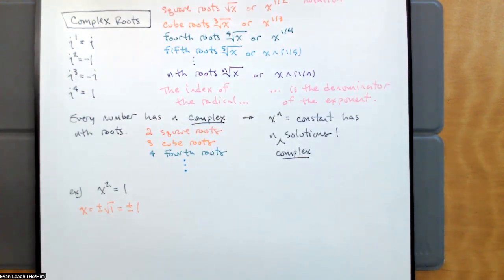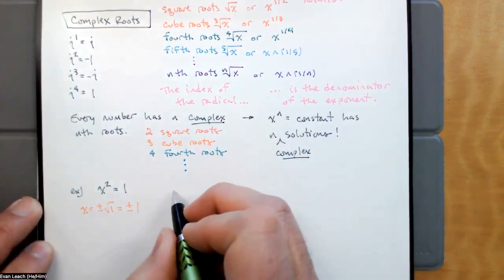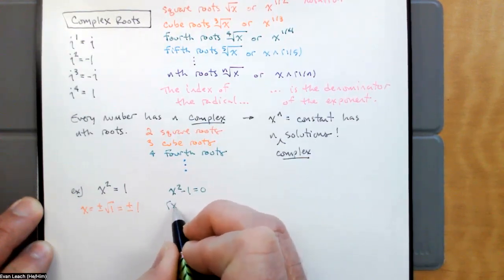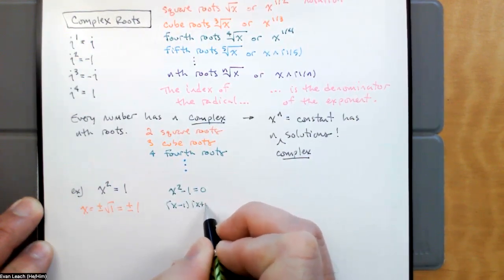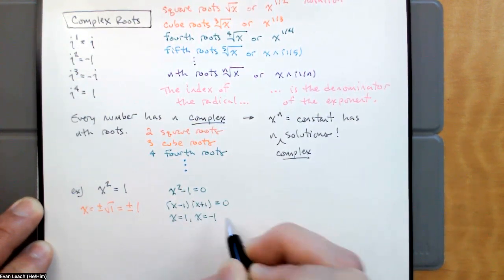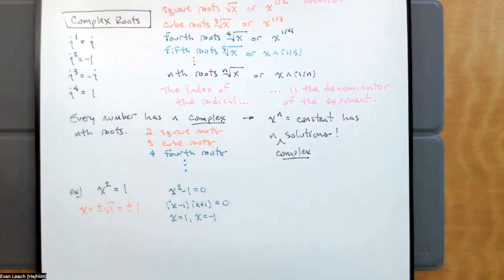Because here we're thinking of doing inverse operations to each side. We could also see this in terms of polynomials. Whichever way we think about it, we end up with those two solutions, plus or minus 1. It was an nth degree polynomial equation. We found two solutions.